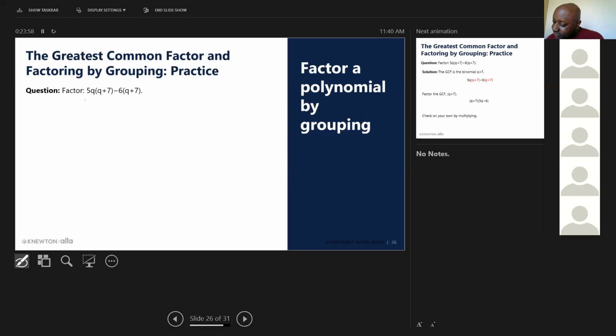Factor 5q times q plus 7 minus 6 times q plus 7. Well, the factor that they have in common is the q plus 7. So let's just pull that on the outside of our parenthesis, q plus 7. And I'm using brackets, for no particular reason, I could use parentheses, but just to show you that I'm pulling out the common factor of q plus 7.